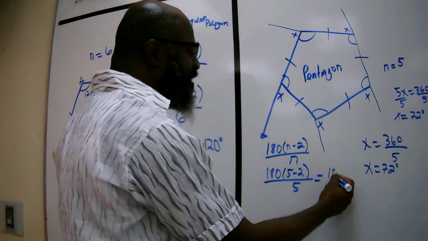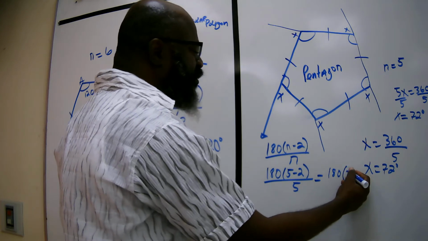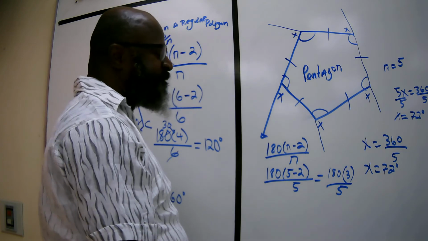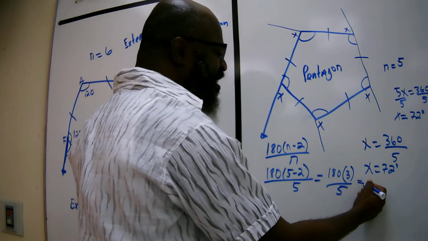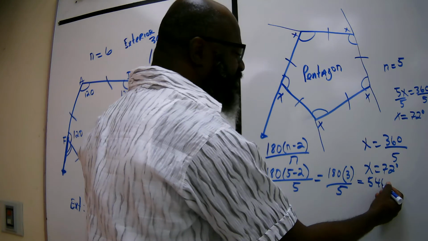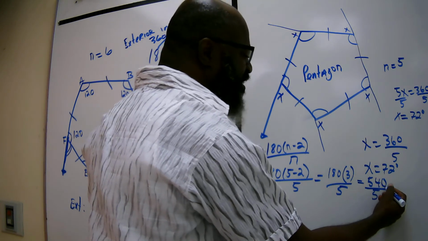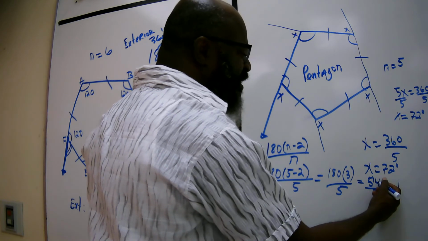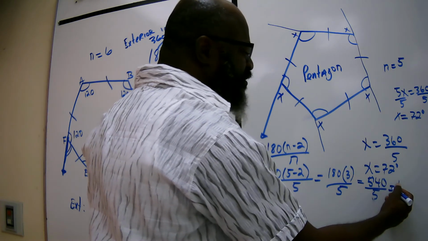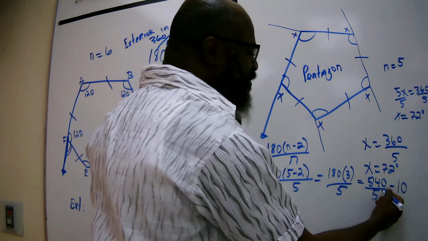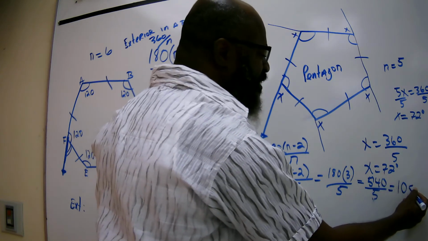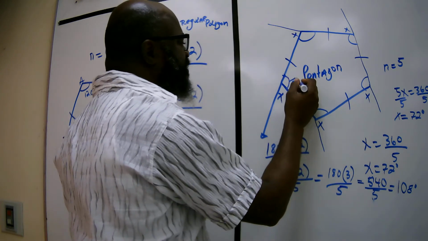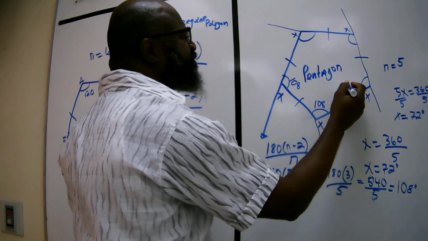So I will have 180 times 3 divided by 5. 3 times 180 is 540. 540 divided by 5: 5 goes into 5 once, bring down 4, that gives 0, 5 goes into 40 8 times. This interior angle is 108 degrees.